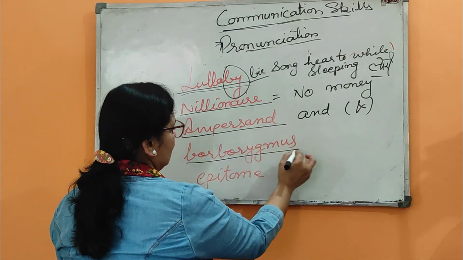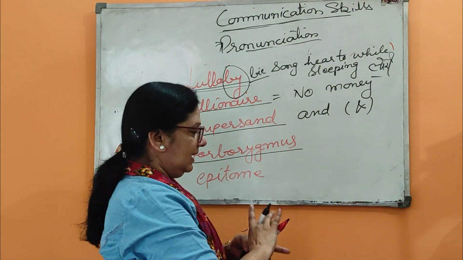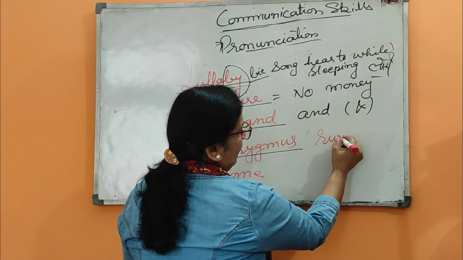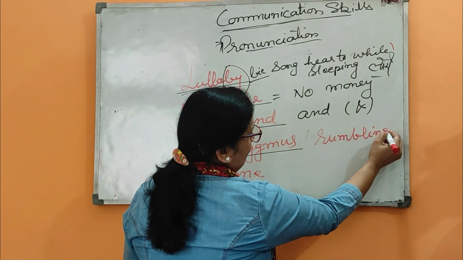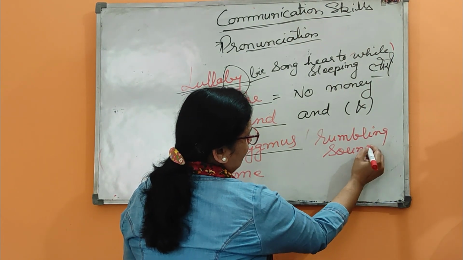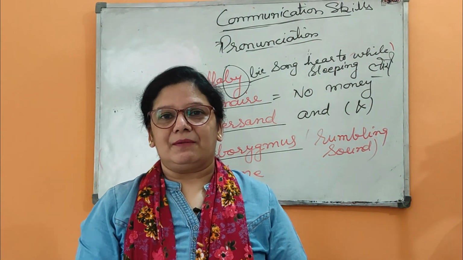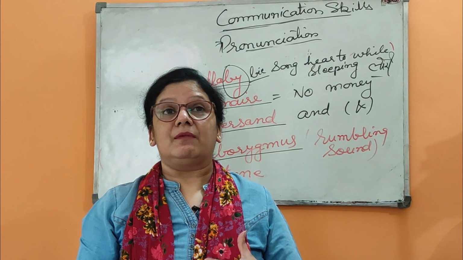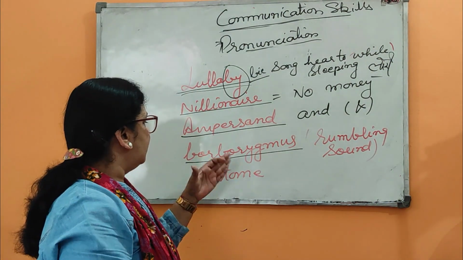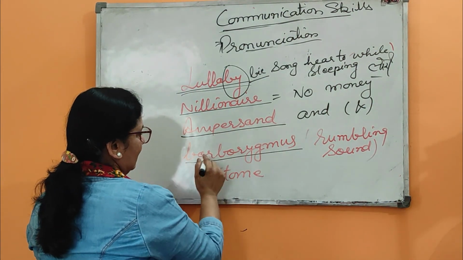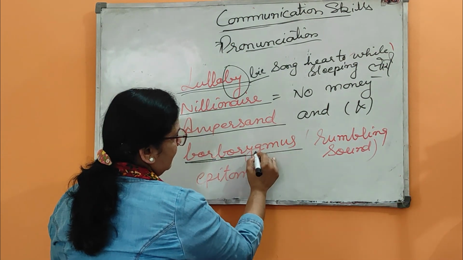Then borborygmus. Borborygmus is actually a rumbling sound that you feel in your stomach when you have an empty stomach. There is a rumbling sound in one's stomach when he feels very hungry. We speak it like breaking, borborygmus.